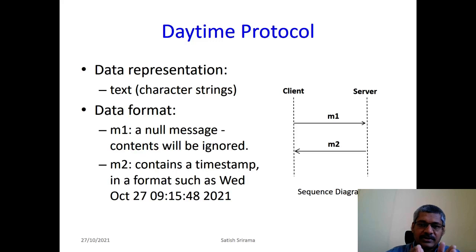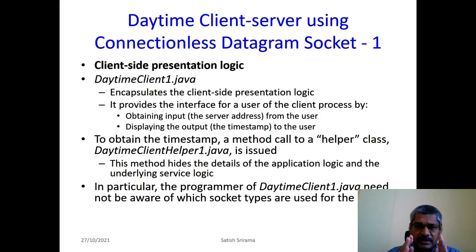And we will try to apply the software engineering things which are required for developing this sort of distributed application. We will look at all three layers. When we develop this datetime client server using connectionless datagram sockets, at the client side presentation logic, we have DatetimeClient1.java. This class encapsulates the client side presentation logic.